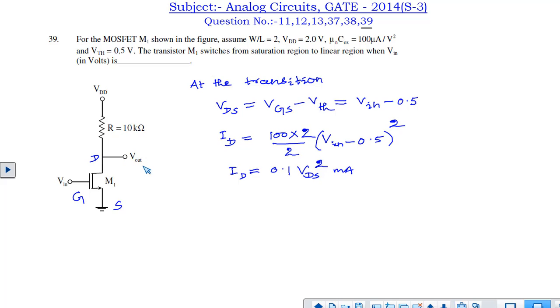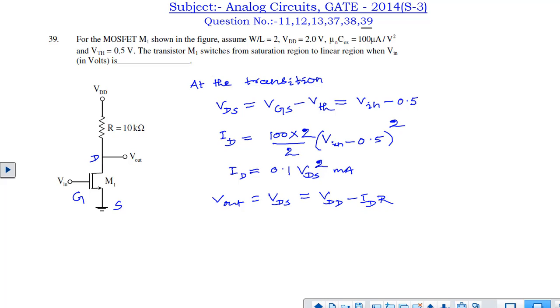Now this V output is nothing but VDS, because VDS is 0, so VD is nothing but VS. V output is VDS, and VDS is nothing but VDD minus ID times R. R is given as 10 kilo and ID is this one.